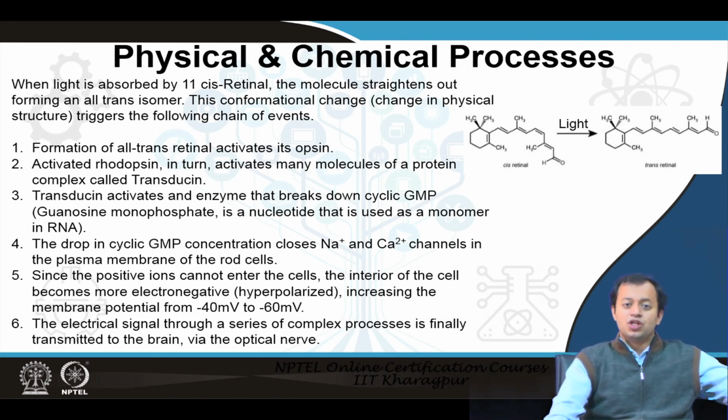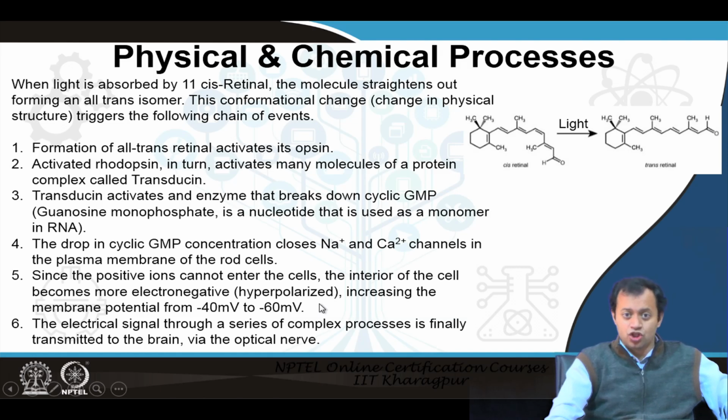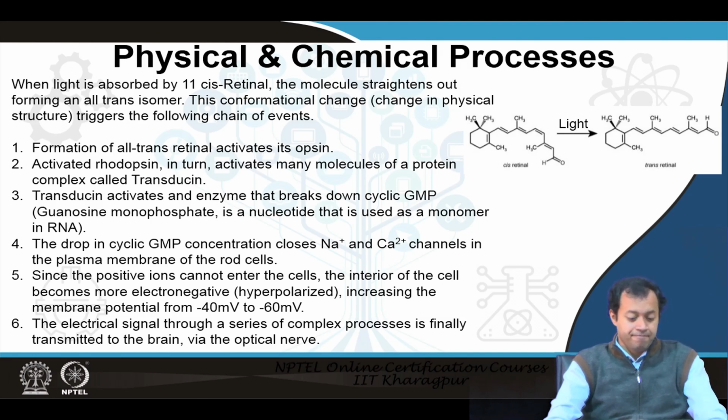The breaking down of the GMP results in blockage of sodium and calcium ion channels in your cell membrane. Since positive ions cannot go inside, the cell becomes negative. If there is a difference in potential, negative inside, positive outside, current flows, and that current is interpreted.